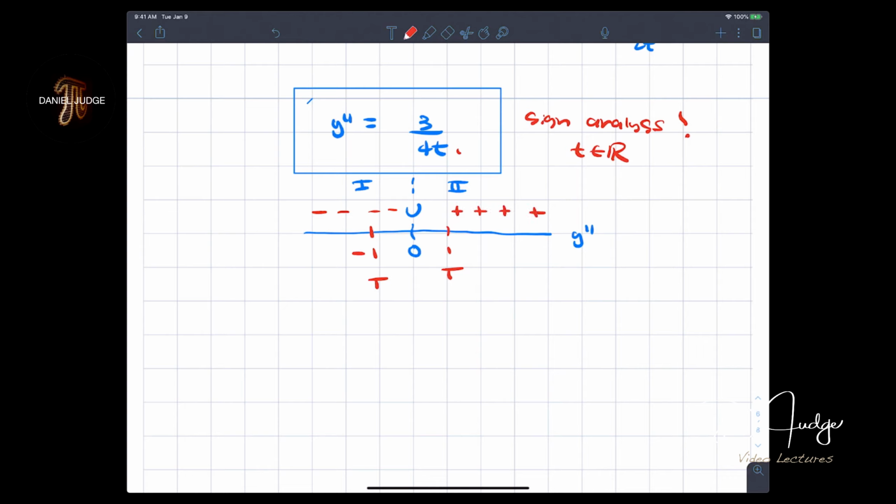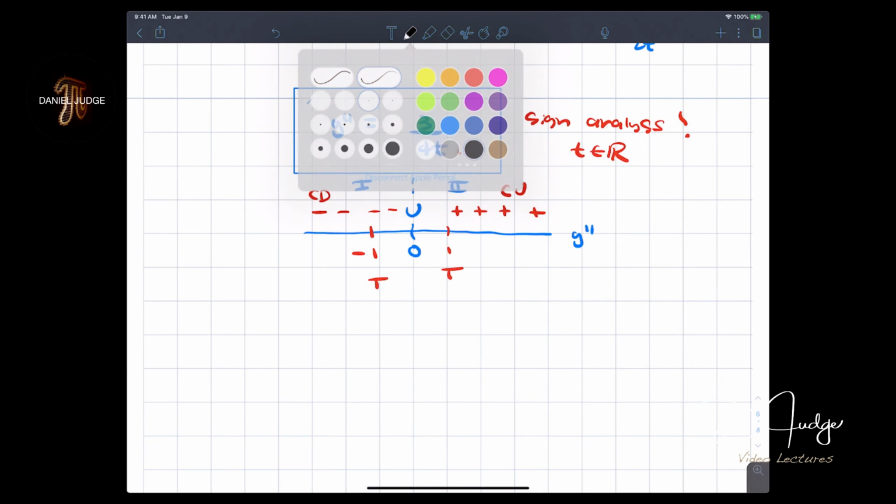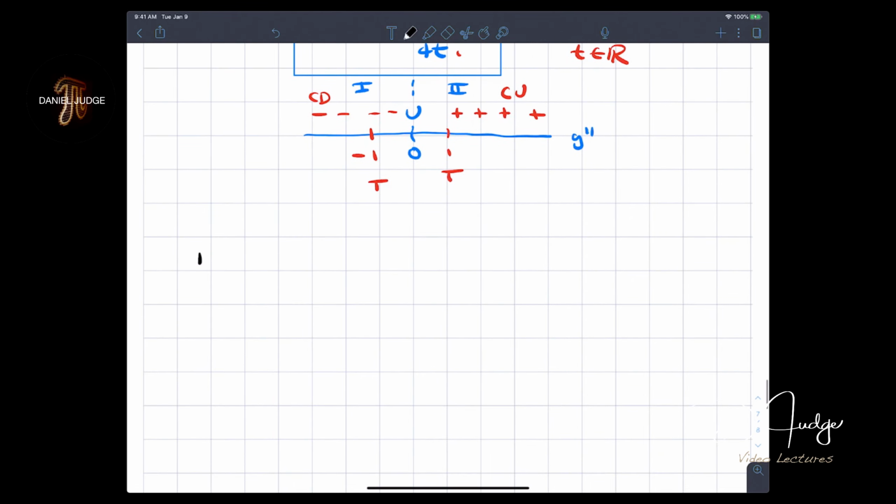So, ladies and gentlemen, concave up happens where this is positive, and concave down is where my second derivative is negative. So here's our conclusion, right? The curve is concave up for t being greater than 0, it looks like.